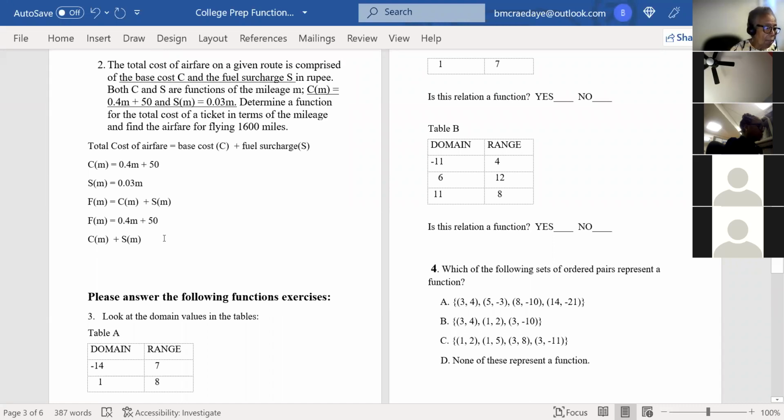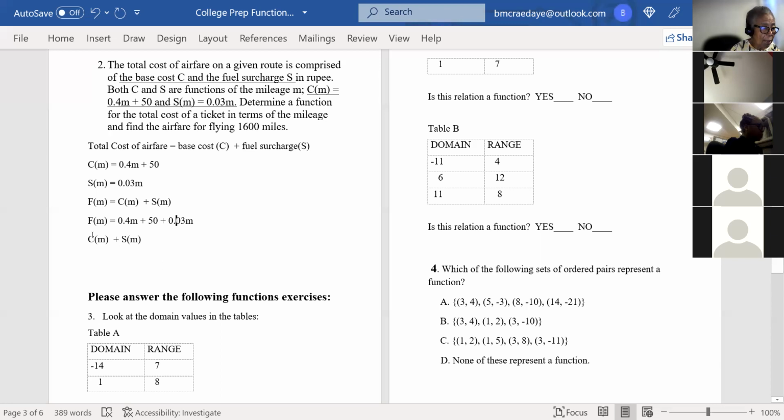Plus, then I put the S of M, and the S of M is 0.03 M. This is decimal, 3 hundredths.